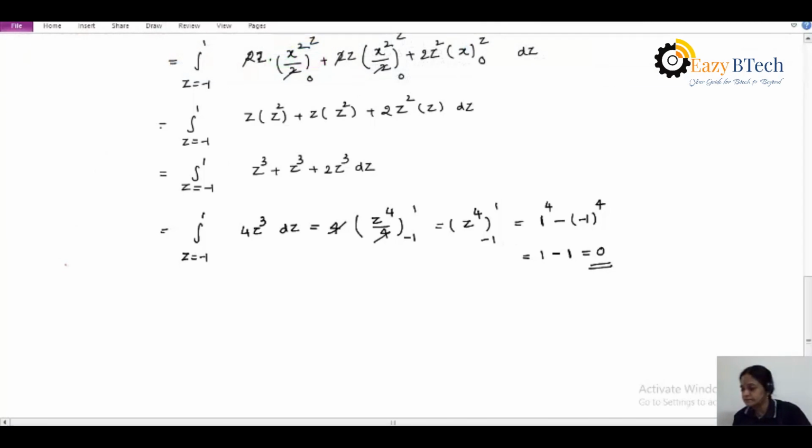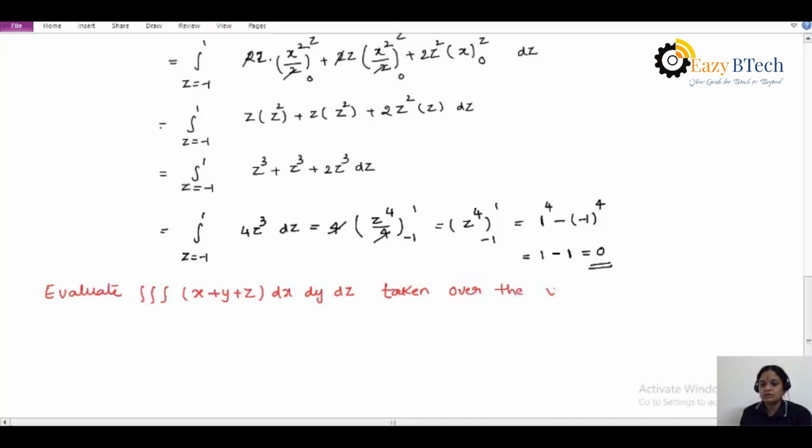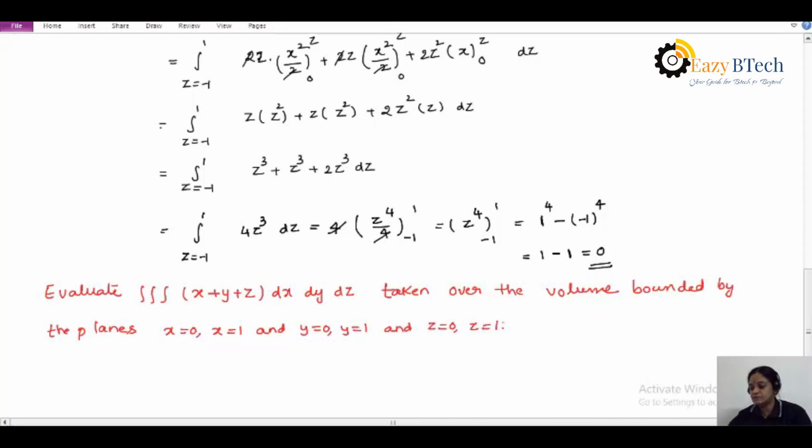Coming to one more problem here. Evaluate triple integral of x plus y plus z dx dy dz taken over the volume bounded by the planes x is equal to 0, x is equal to 1 and y is equal to 0, y is equal to 1 and z is equal to 0, z is equal to 1.